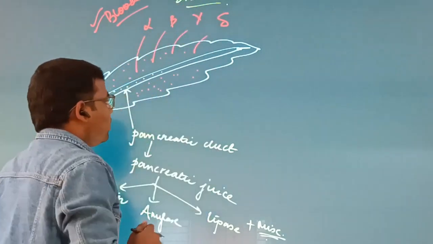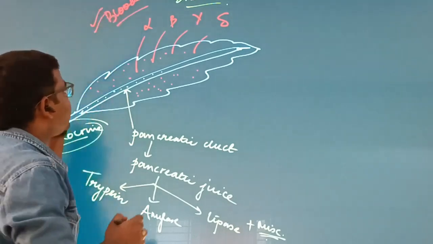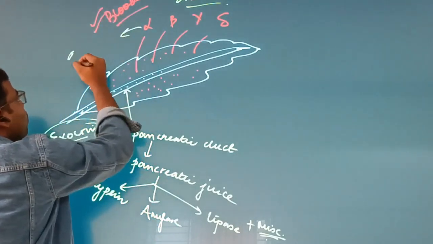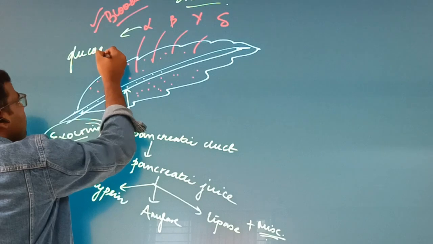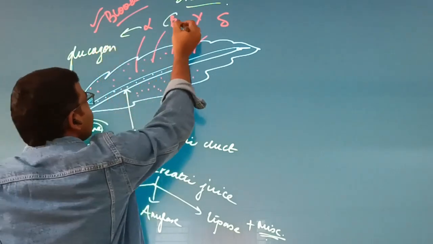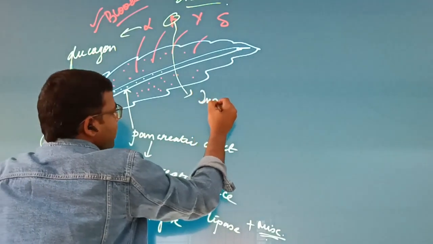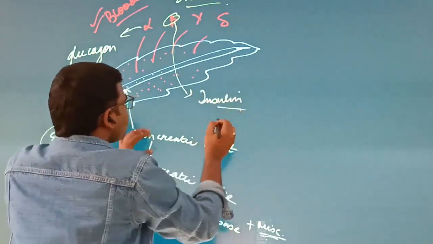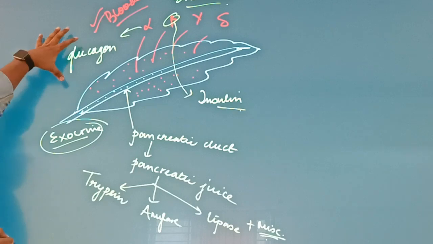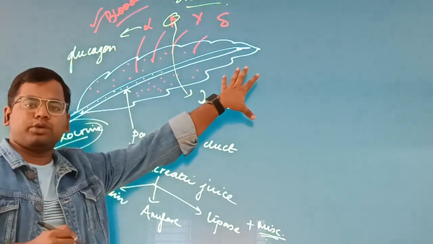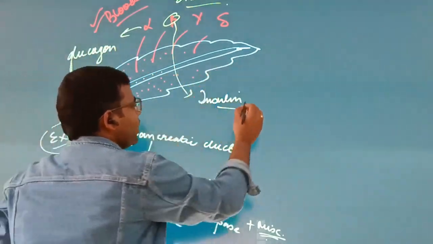So for example, alpha cells secrete glucagon, and beta cells secrete insulin, right? So on and so forth. What is insulin going to do? It is going to lower the blood glucose level.